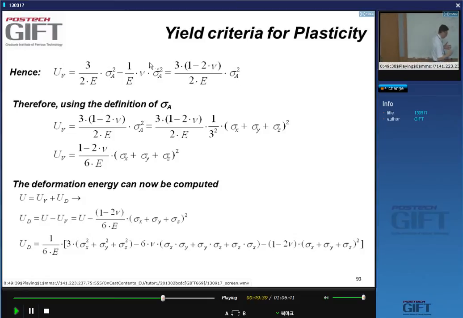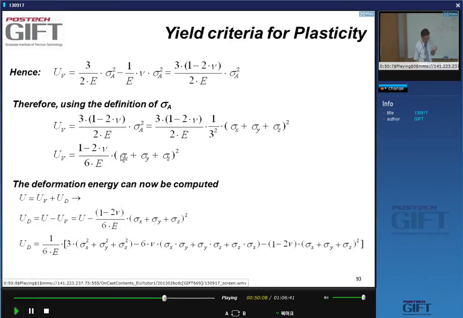And again, I can make use of the relation between sigma a, the average stress, and sigma x, sigma y, and sigma z to get this equation for the volume change energy.